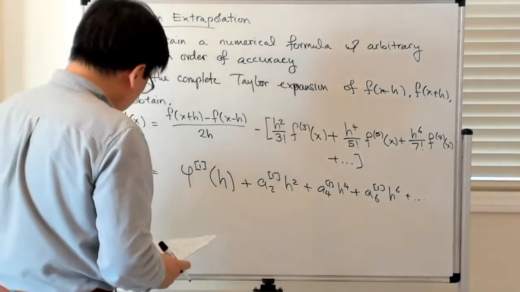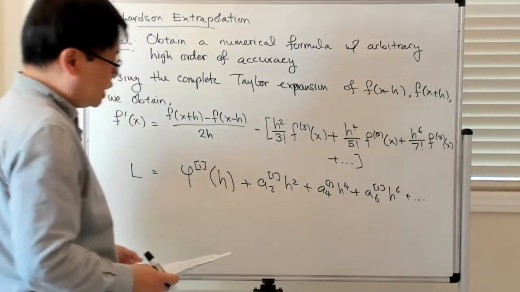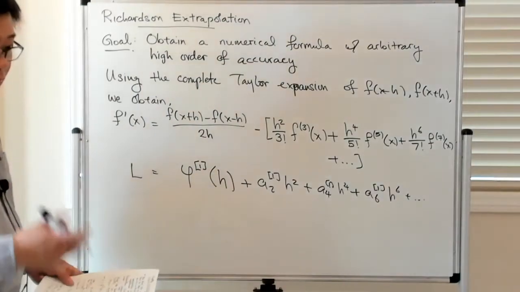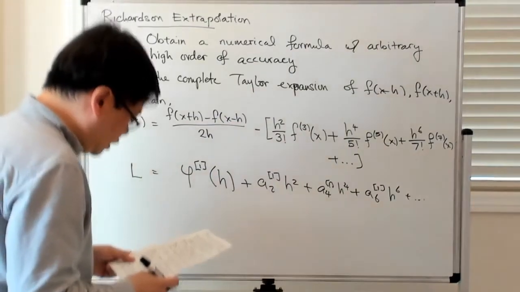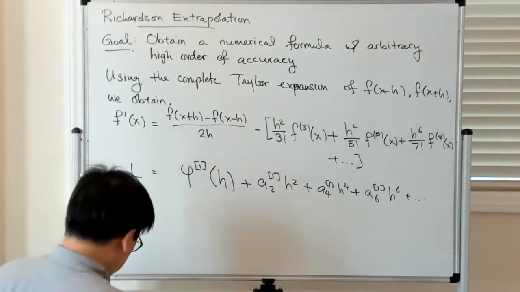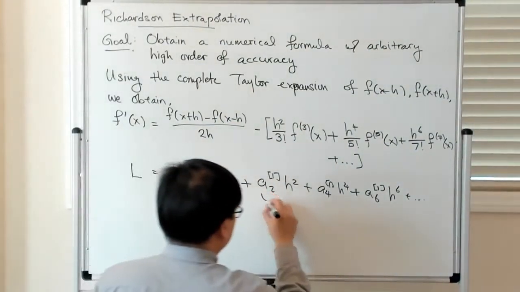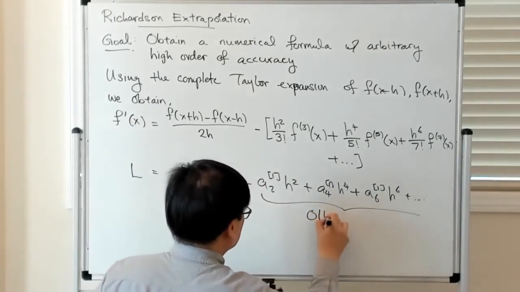Given this, I'm going to ask: what can I do if I evaluate this method with a different value of h? The error is big O of h squared.